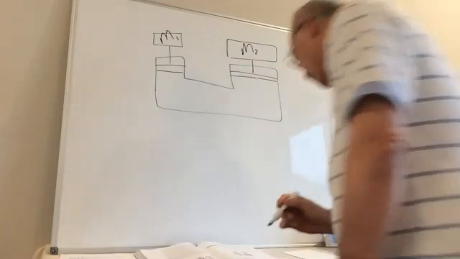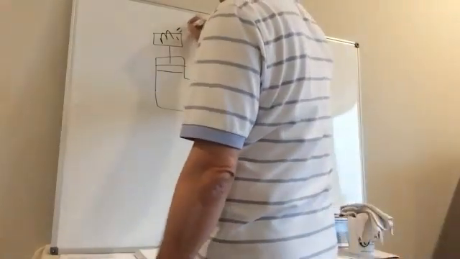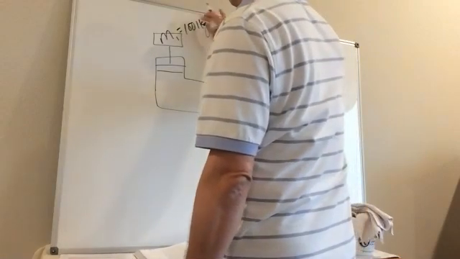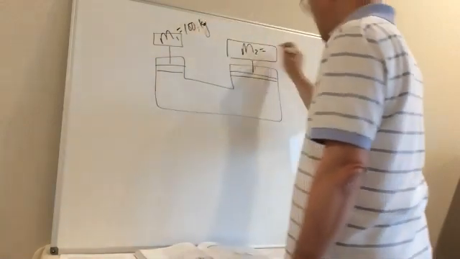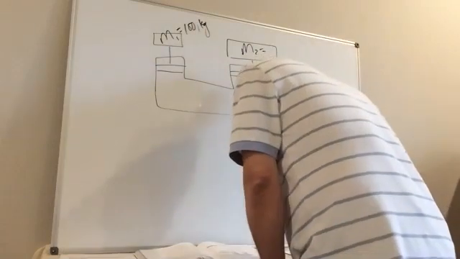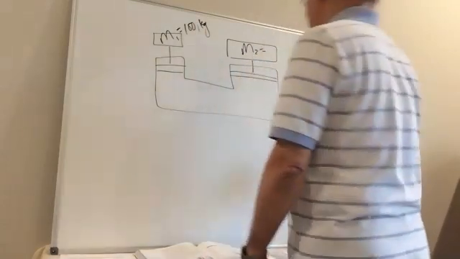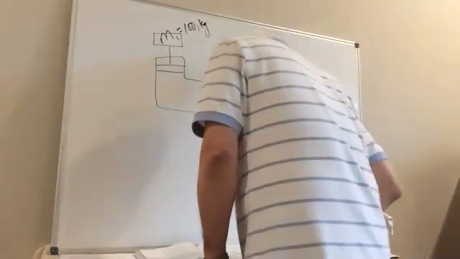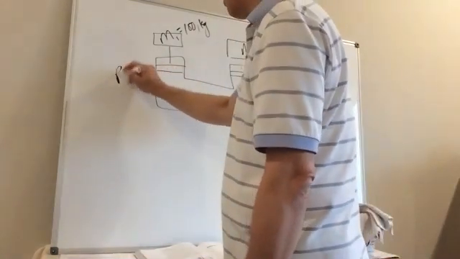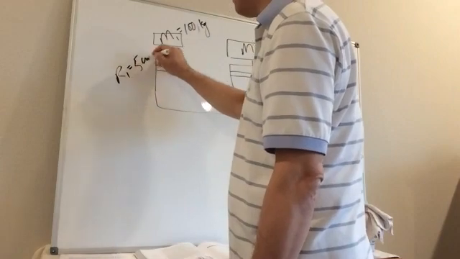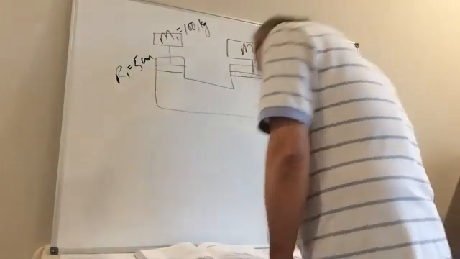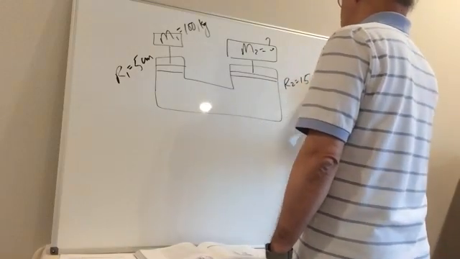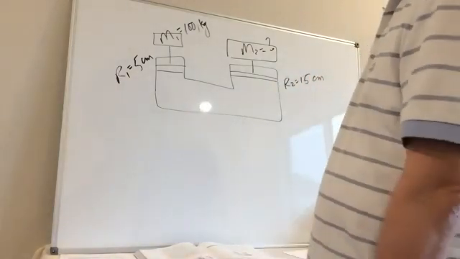M1 is 100 kilograms, and M2 is what we're trying to find. R1 is equal to 5 centimeters, and R2 is equal to 15 centimeters.